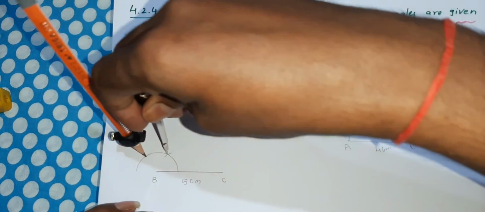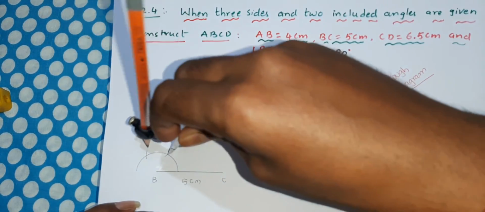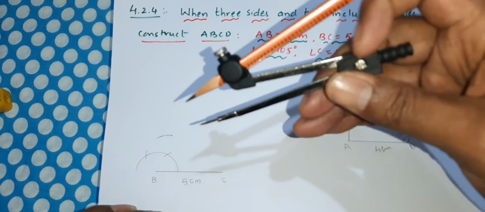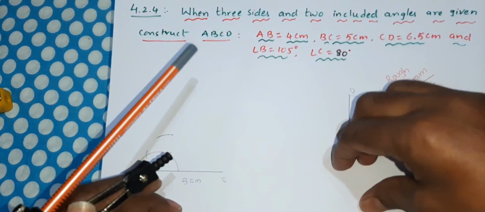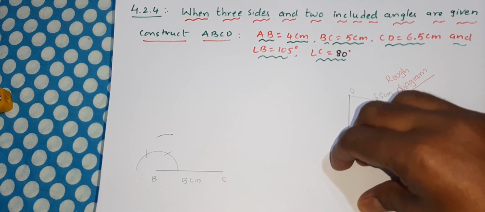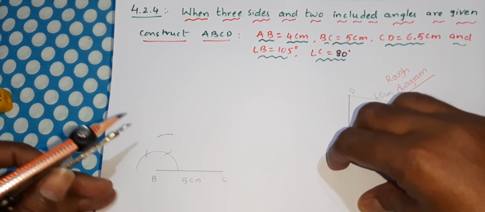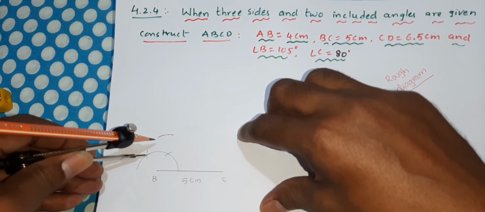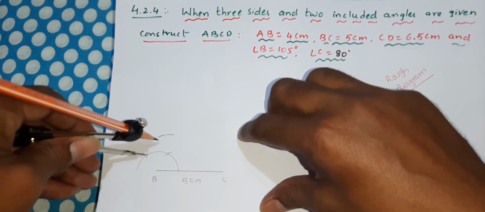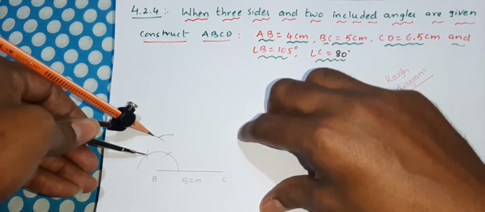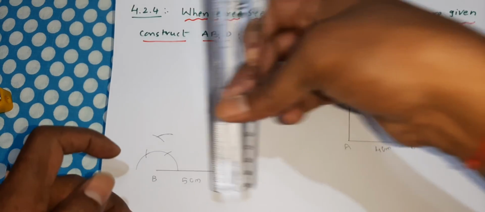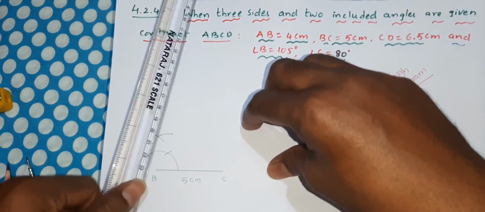You will get 120. Now in between 120 and 60 you have 90 degrees. So this is 90 degrees. First you need to draw the 90 degrees with dotted lines.